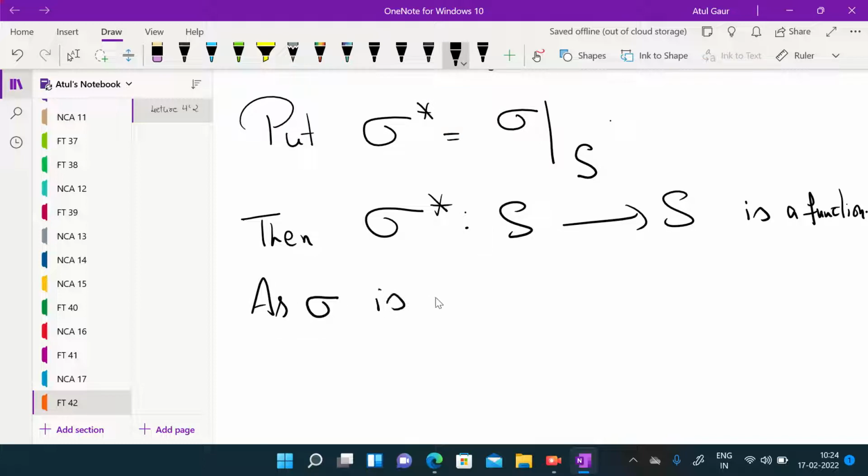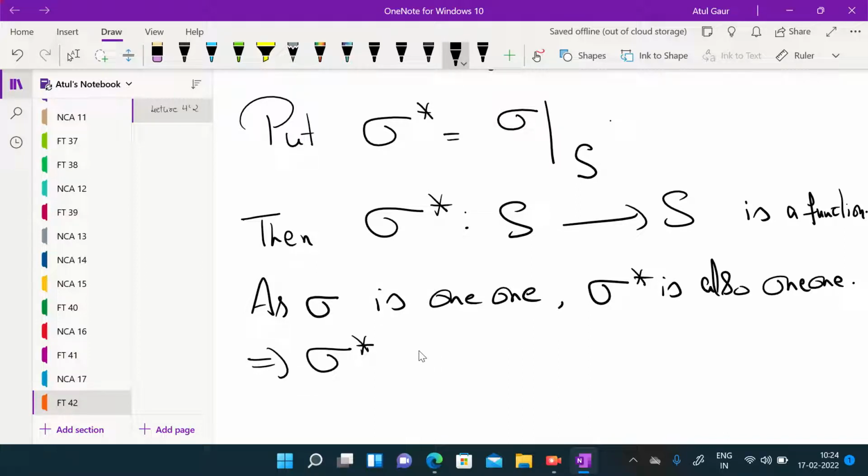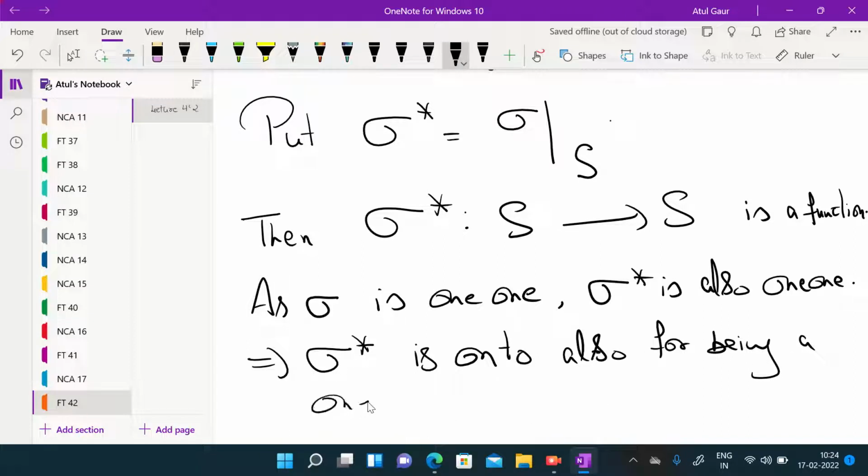So as sigma is 1-1, sigma star is also 1-1. So this would mean sigma star is onto also, for being a 1-1 map on a finite set to itself.